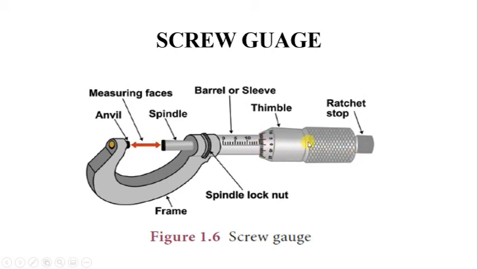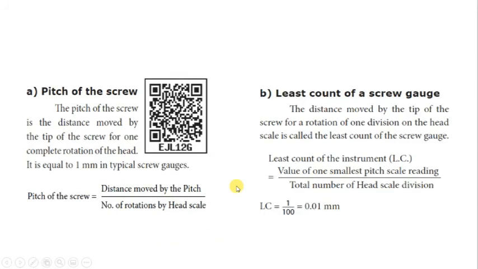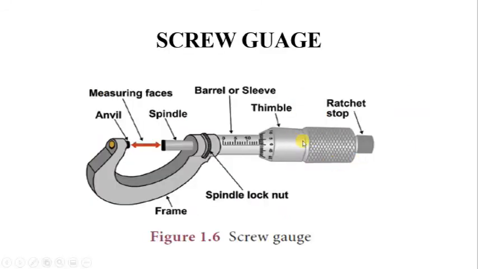So this spindle is attached to the main scale, and this is the head scale and this is the pitch scale.